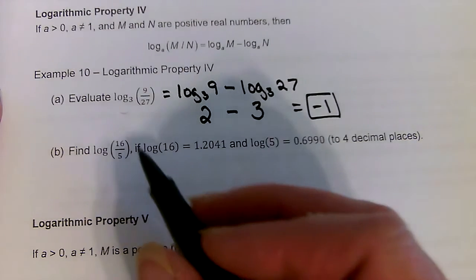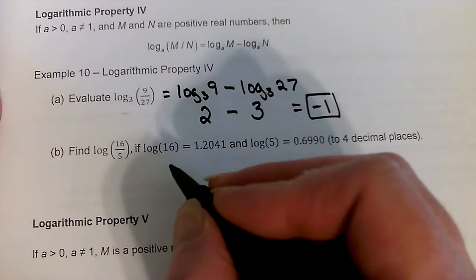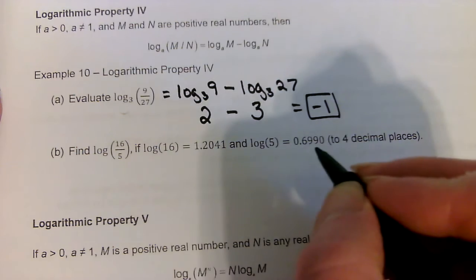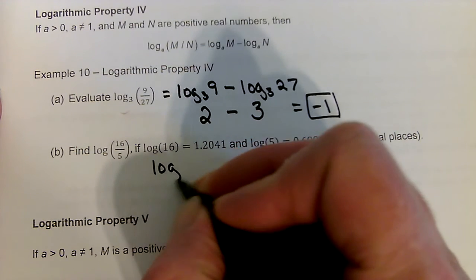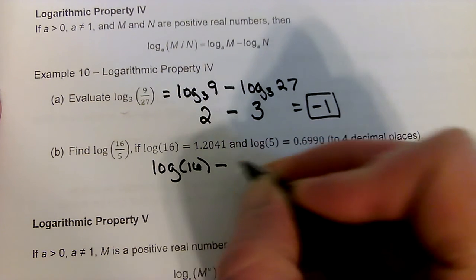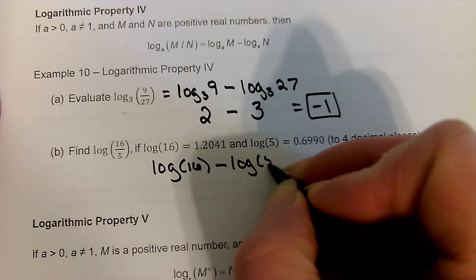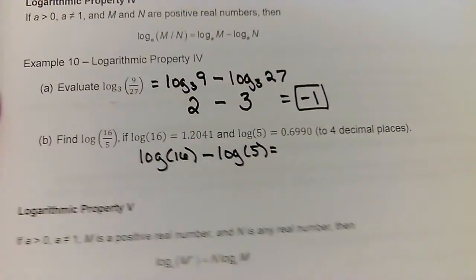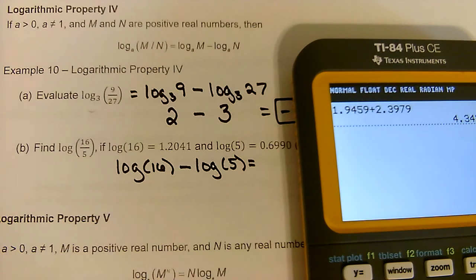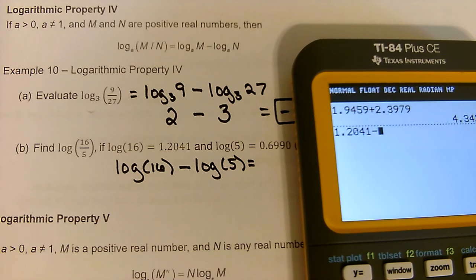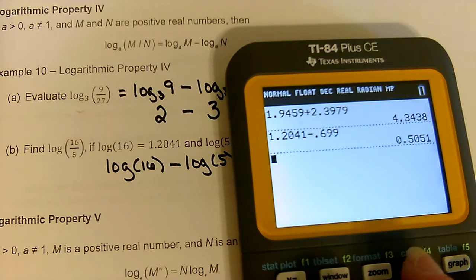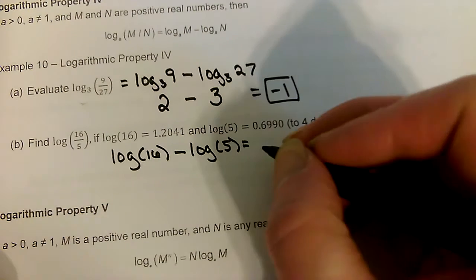Same thing here. Log of 16 over 5, I can take log of 16 minus log of 5. So 1.2041 minus 0.699, and we get 0.5051.